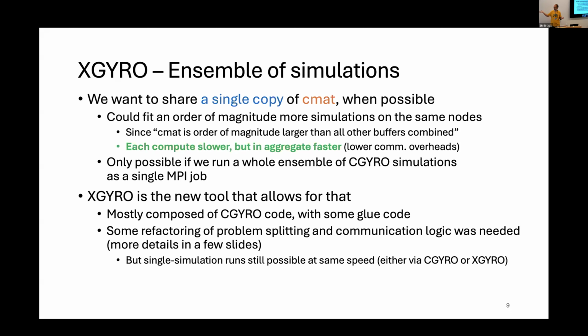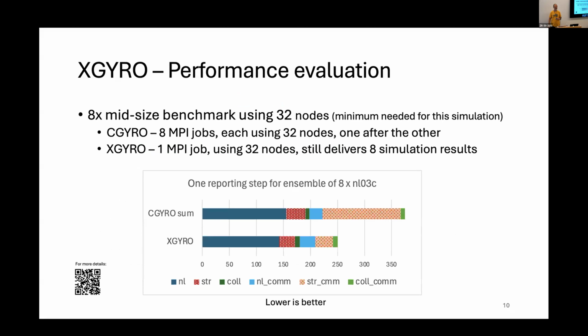But just to the first approximation, we keep most of the CGYRO code, add a little bit of glue, and change a little bit how the problem splitting is done so that we can actually share CMAT across all of the simulations. That's about it. So the code changes were really minimal. I'll not show the code changes, but trust me, it's like 1% of the total code base or less. So it's not a big change, but it gives us a decent speedup.